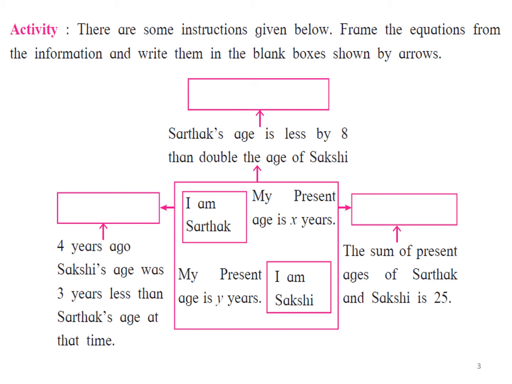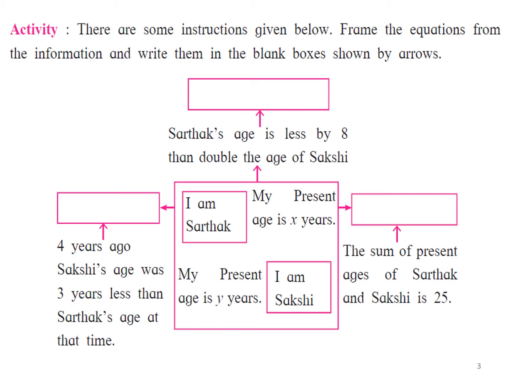I am Sarthak. My present age is X. I am Sakshi and my present age is Y years. We move to the right hand side. On the right hand side, the condition is the sum of present age of Sarthak and Sakshi is 25.